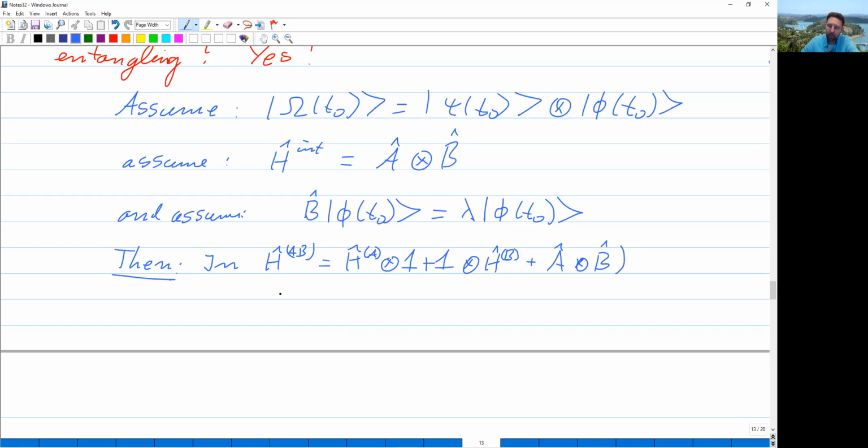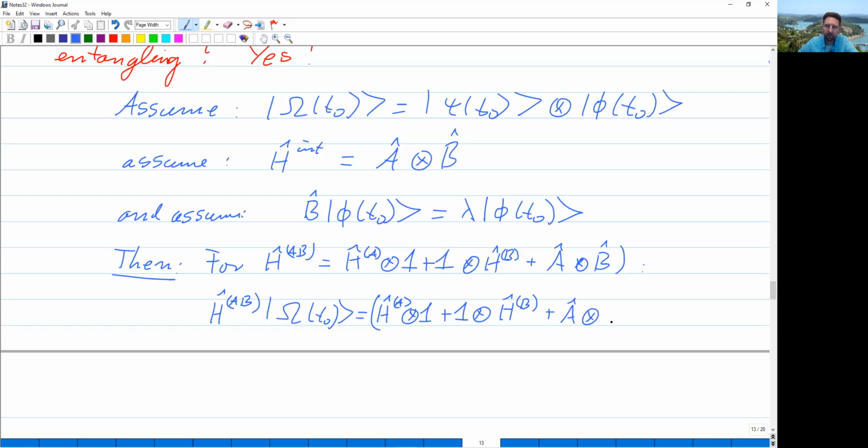Then we have that when we act with H hat AB on our initial state, we can write it as H hat A tensor 1 plus 1 tensor H hat B plus A hat tensor, well, in principle, there ought to be a B operator acting on psi of t naught tensor phi of t naught.